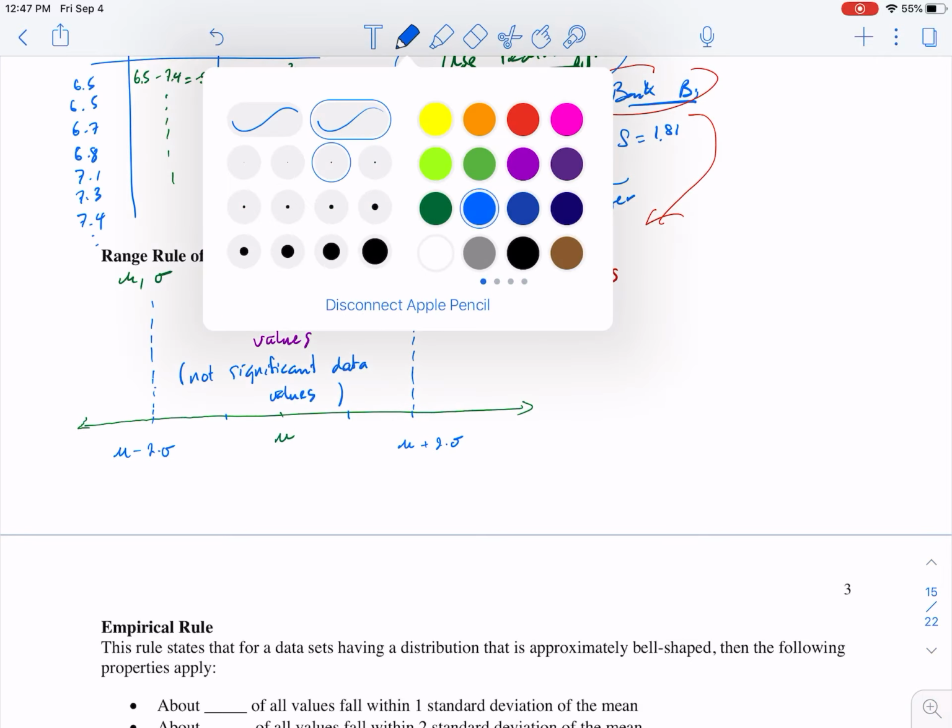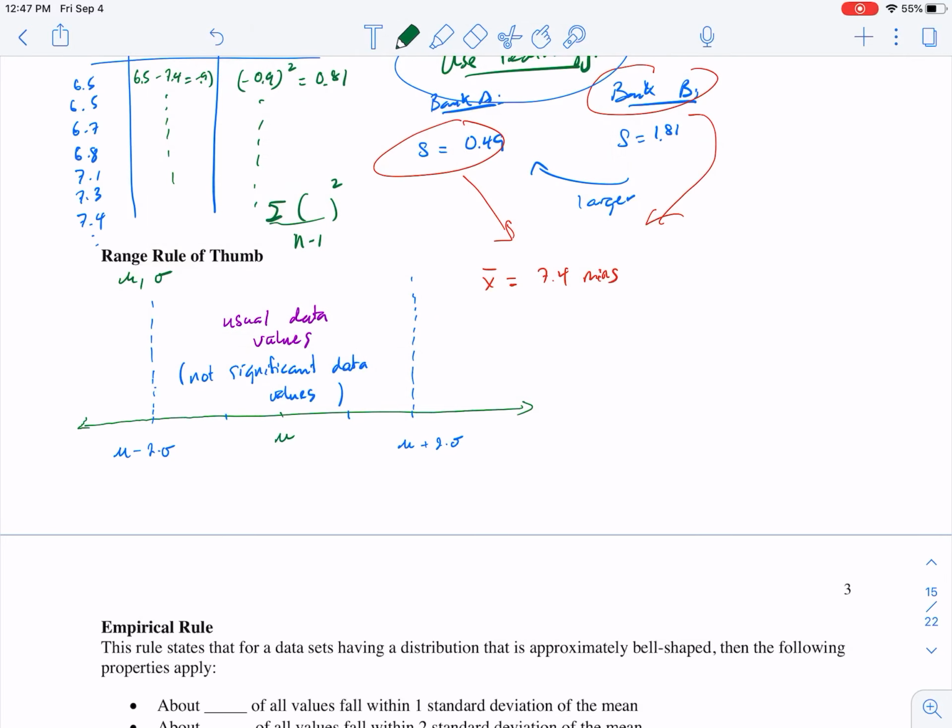Any data values that are extremely large or far from the vast majority of the data, meaning they belong on the right or the left side here, are unusual. If a data value is on this side, we say that it is unusually high, or significantly high. And over here is unusually low, or significantly low.